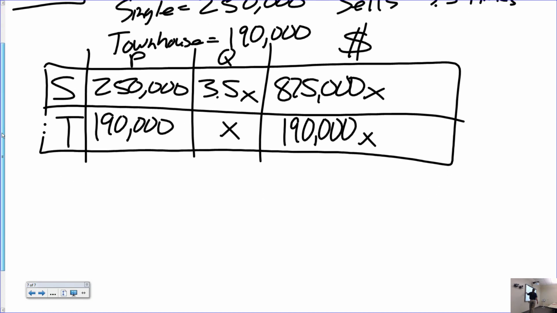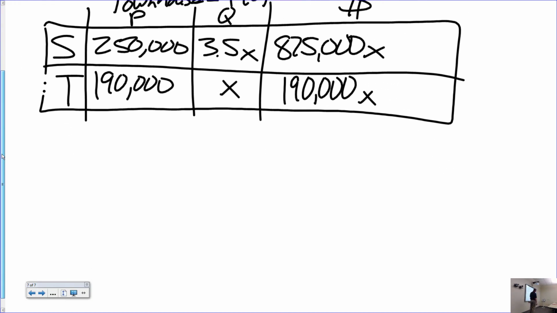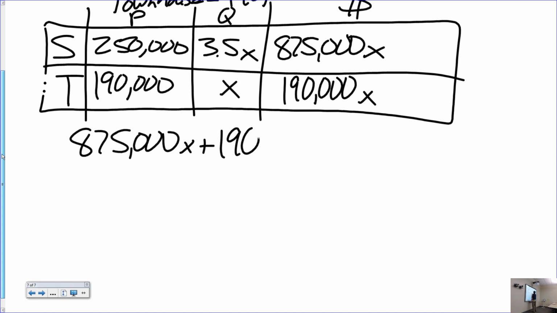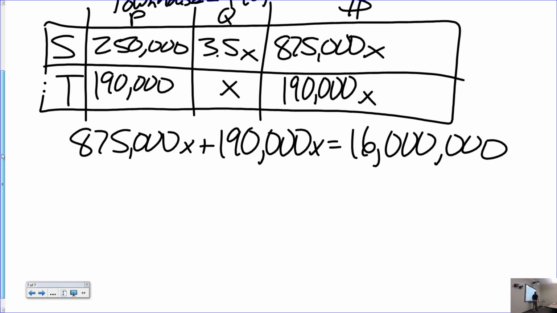That's the problem, right? And so then your algebra is just make sure the money adds up, right? So 875,000x plus 190,000x has to be that wonderful number, 16 million. It's just, I mean, it's not painful, it's just ugly, right?